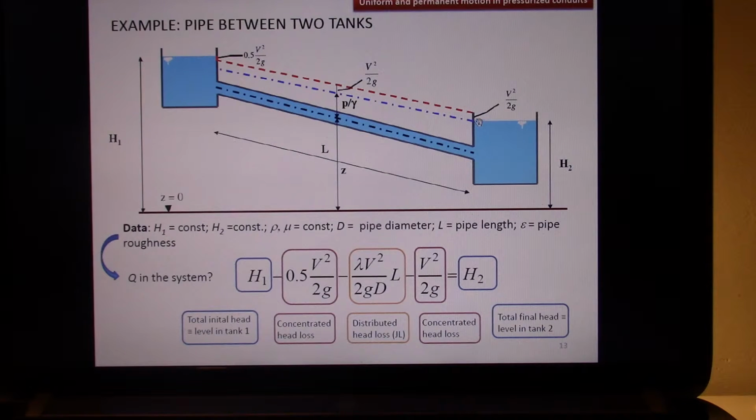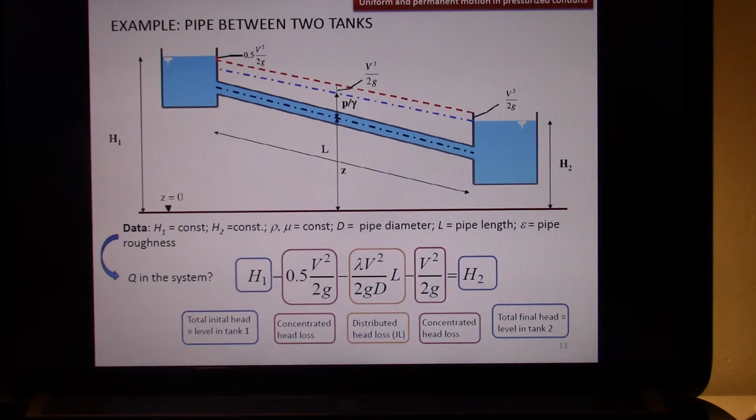Then, when I arrive here, I see the final total head, which is the total head in tank number 2. Again, since the fluid is at rest, the total head in tank number 2 coincides with the free surface of your fluid, so it is the level of your fluid.